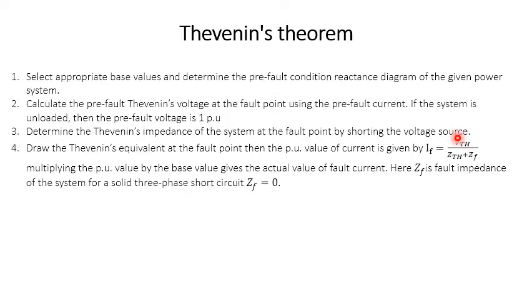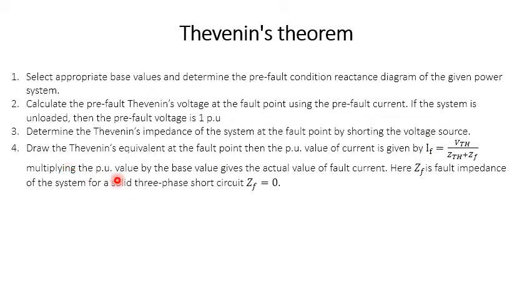Then we have to draw the Thevenin equivalent at the fault point. The per unit value of the current is given by V Thevenin divided by Z Thevenin plus ZF, so we get the current.